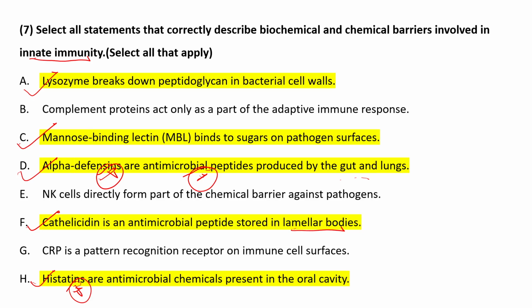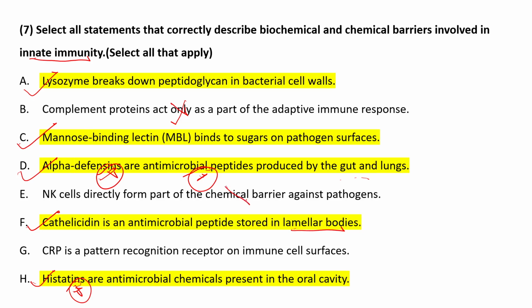So these complement proteins also function primarily in the innate immunity, but they also support the adaptive immunity. So it acts as a part of both innate and adaptive. The next is: NK cells directly form part of the chemical barriers against pathogens.